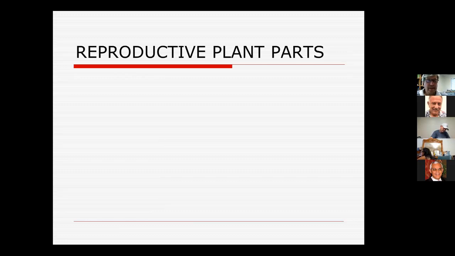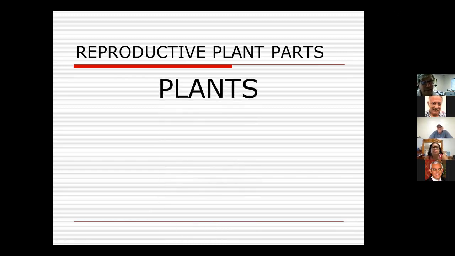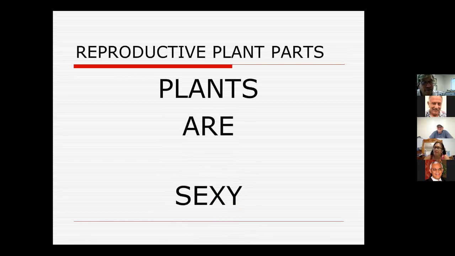But when we get into this, I want you to think about plants a little bit different, because we see plants and we see flowers. And I had a professor at A&M Kingsville when I was down there, Dr. George Willigas, and he made a statement my first day of botany class, and it has stuck with me because it made me think about plants differently. And his statement that day was, plants are sexy.